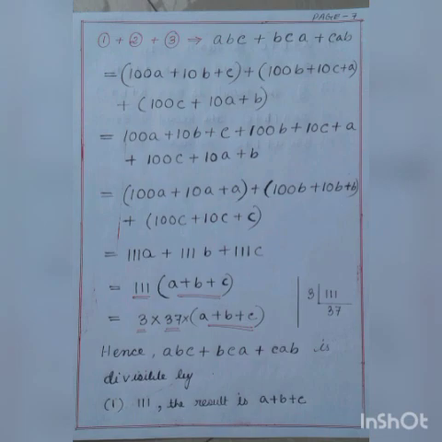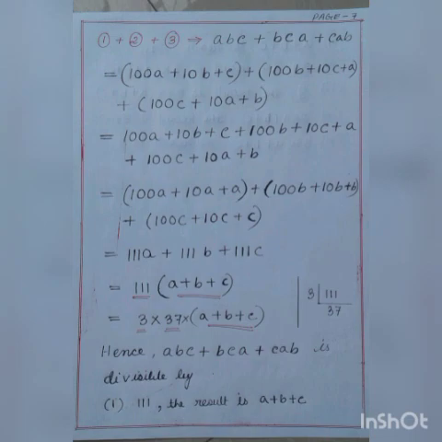So I can write 100A plus 10A plus A, one group, plus 100B plus 10B plus B, another group, plus 100C plus 10C plus C, another group, which is equal to 111A plus 111B plus 111C.